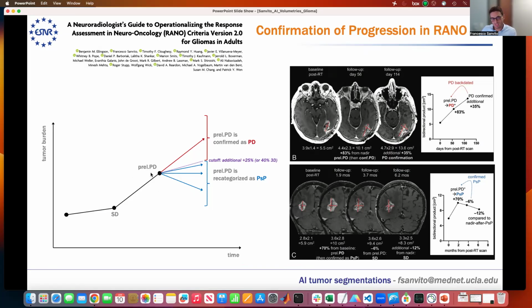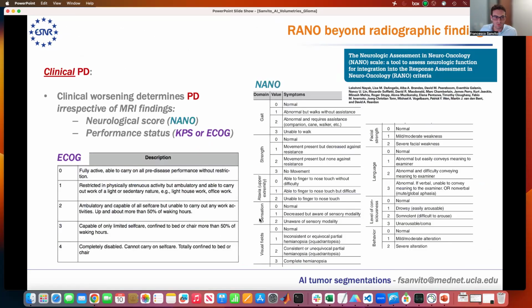If after preliminary progression, the tumor stabilizes or even grows insufficiently, that's a pseudo-progression, PSP. And these are 2 examples. And again, you don't have to always use confirmation of progressions. There are certain time frames and criteria, but if you have to, this is the set of rules to apply.